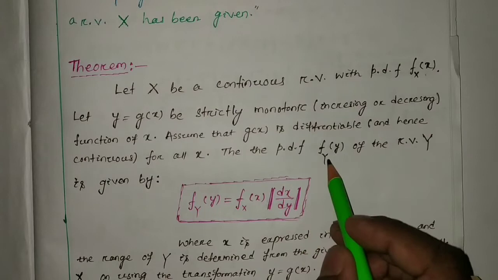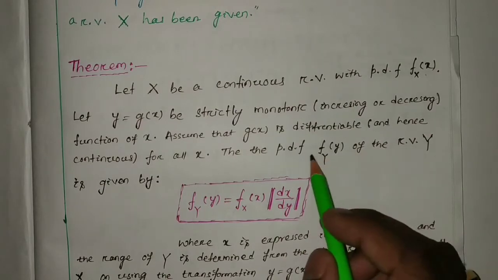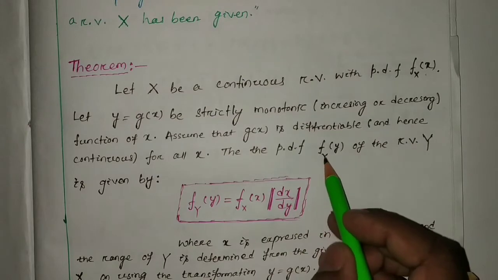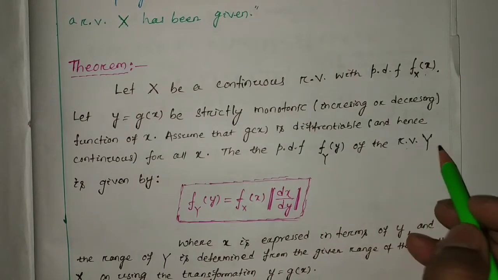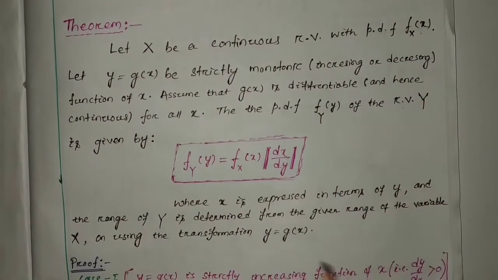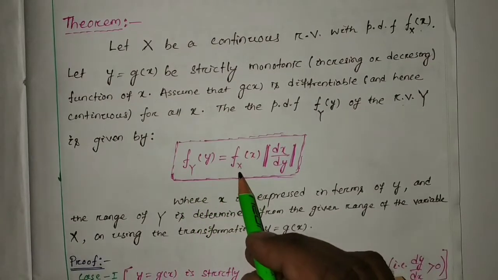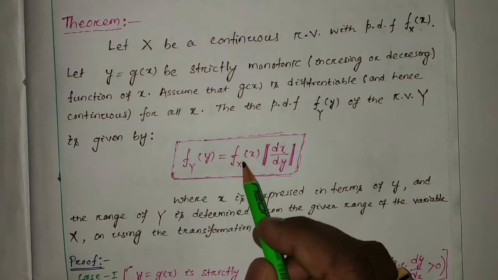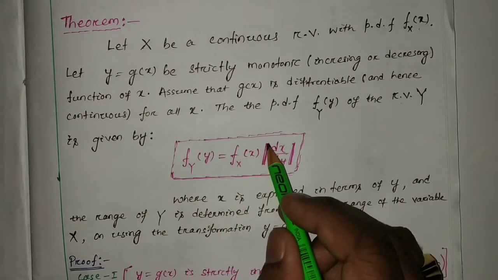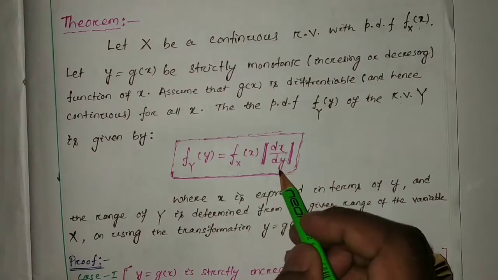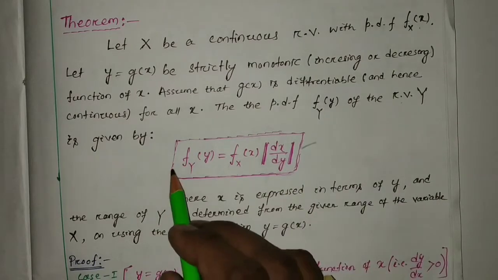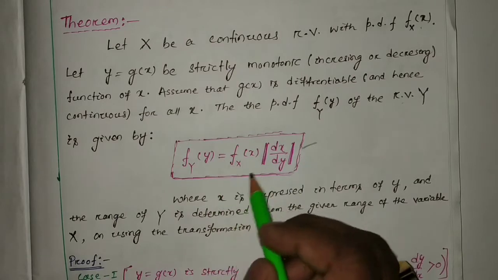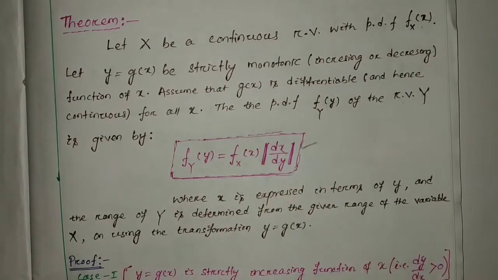Then the PDF f_Y(y) of the random variable y is given by f_Y(y) equal to f_X(x) times the modulus of dx by dy. So the PDF of the random variable y will be this much, which we are going to prove here.